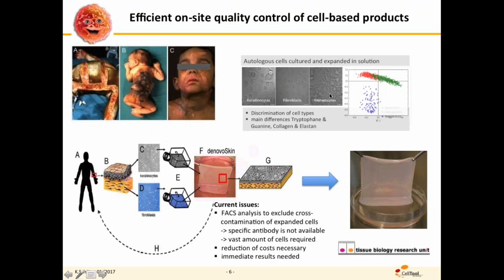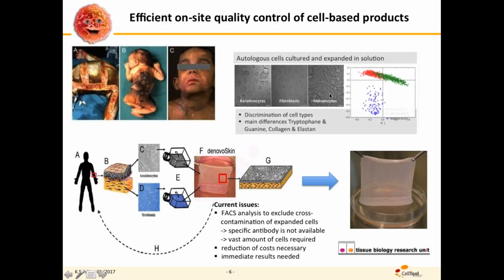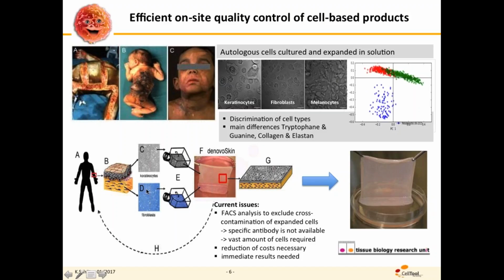So what we tried first was: can we discriminate between keratinocytes and fibroblasts in culture, and in case there would be a melanocyte, would we be able to identify this with Raman spectroscopy? And you can see these are the melanocytes. They are completely different compared to the fibroblasts and keratinocytes.